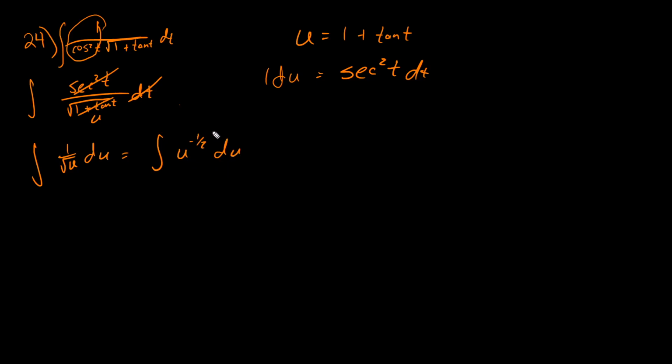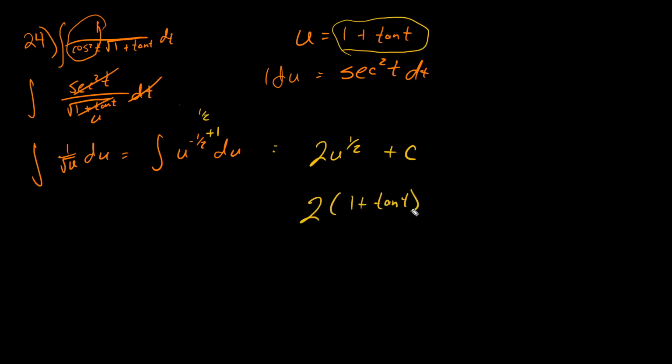When we take the integral, we're going to add 1, which gives us 1/2, and multiply by the reciprocal, so we get 2u to the 1/2 plus c. And then we plug this back into u, so we get 2 times 1 plus tangent t to the 1/2 plus c.